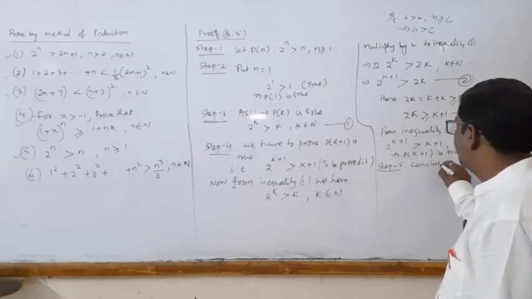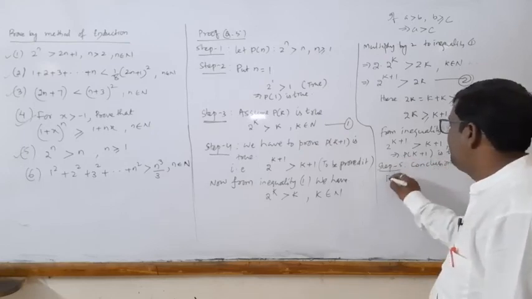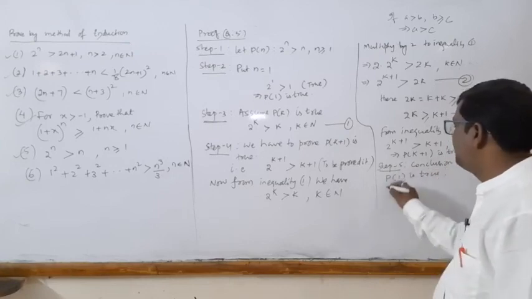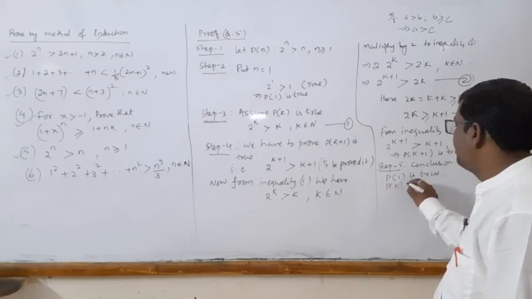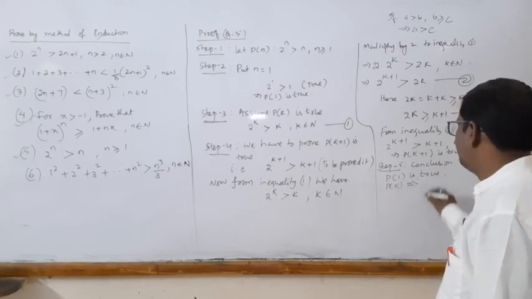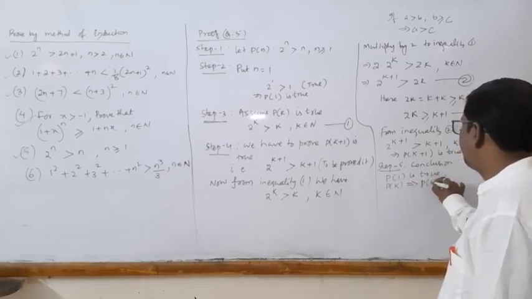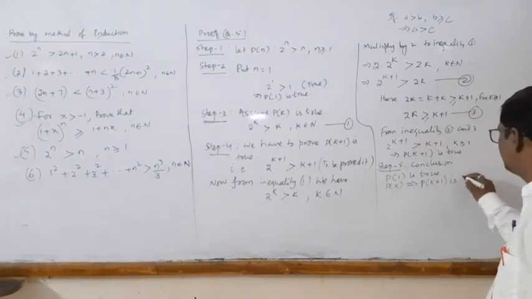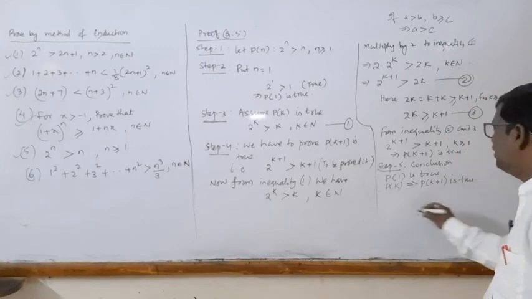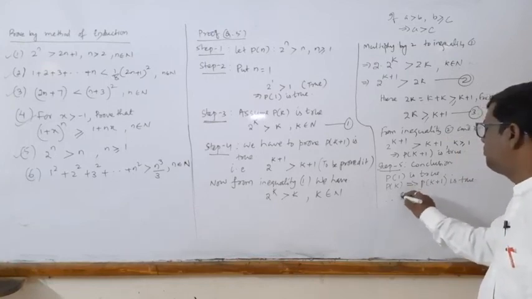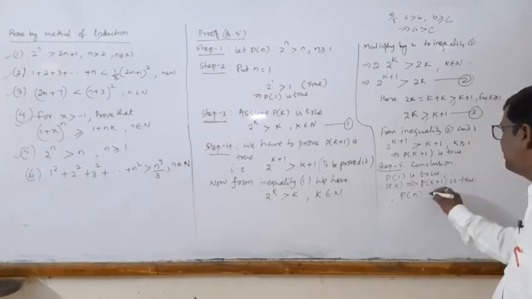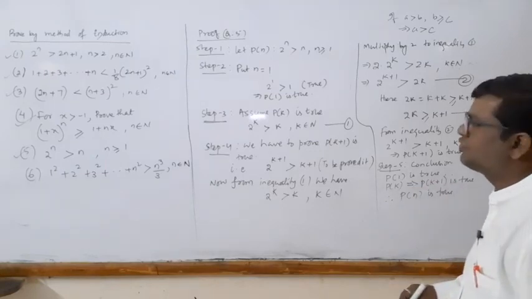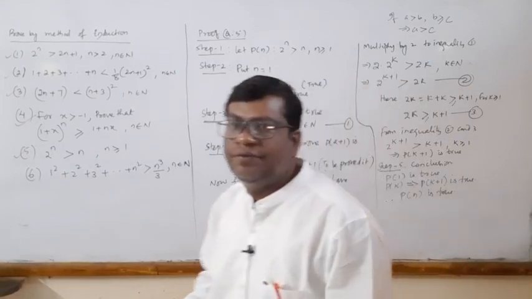P of 1 is true, P of k implies P of k plus 1 is true. Therefore, P of n is also true. This is the solution of question number 5.